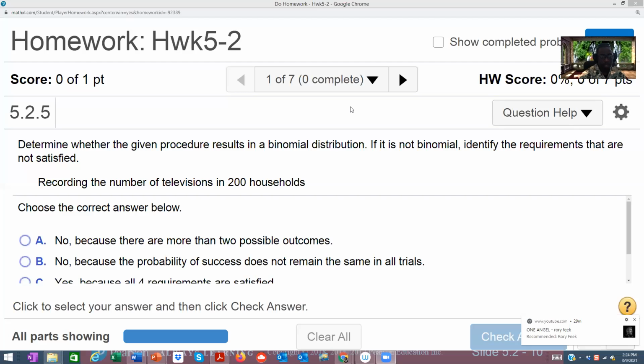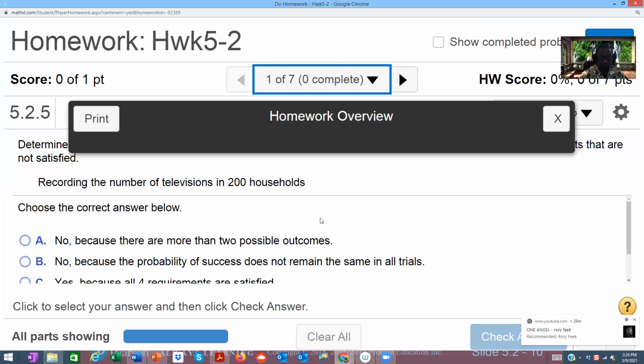I'll stop sharing quickly, and then I'm going to look at 5.2 and then share my screen with you. Okay, so you should see my screen right now, 5.2 homework, and I'm going to do problem number 6.